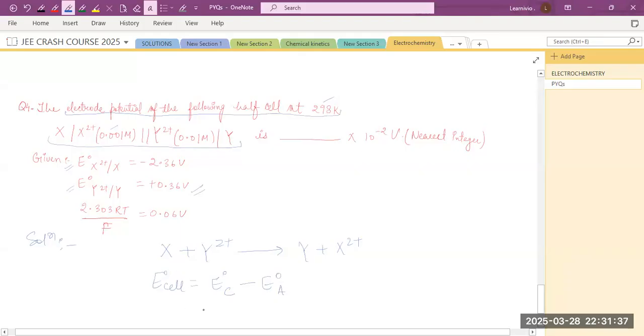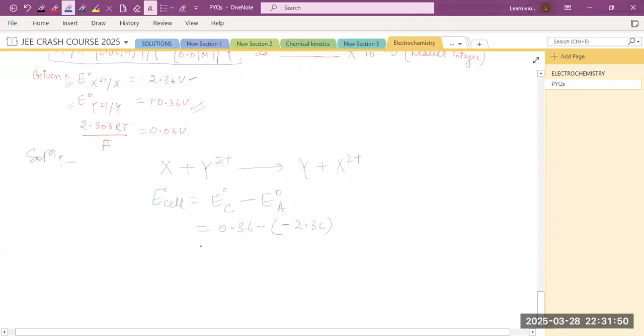Just substitute the values. E naught cathode will be 0.36 minus, and for anode it is minus 2.36. Minus minus will be plus, and 2.36 plus 0.36 gives us 2.72 volt. So the value of E naught cell is 2.72 volt.